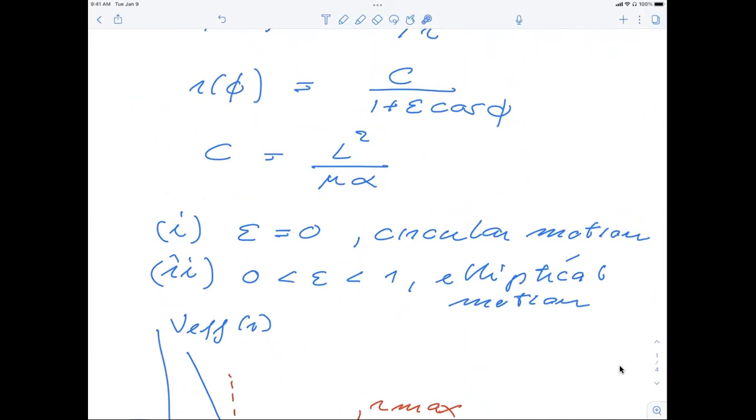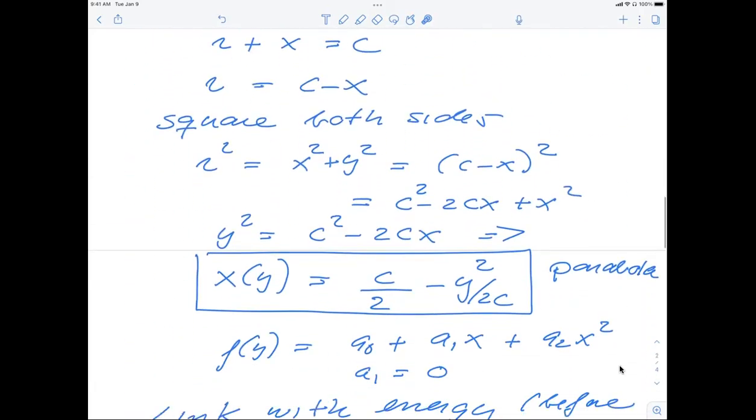Alpha, which is related to the force, L squared, which is a quantity we can measure. We actually know the angular momentum of the Earth to a pretty high precision. So this L squared is something which we can look up from experimental measurements. And then mu is the reduced mass. If you're looking at the Earth-Sun problem, we know the mass of the sun, we know the mass of the Earth. So these are all physical parameters which enter our theory.